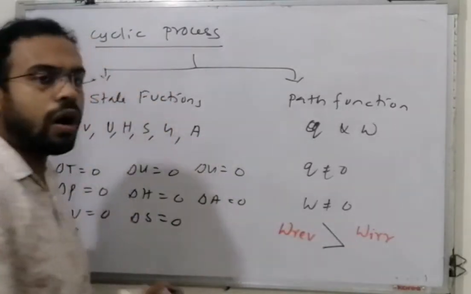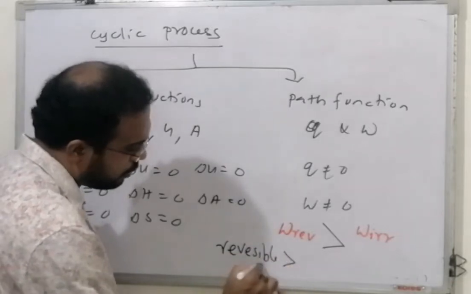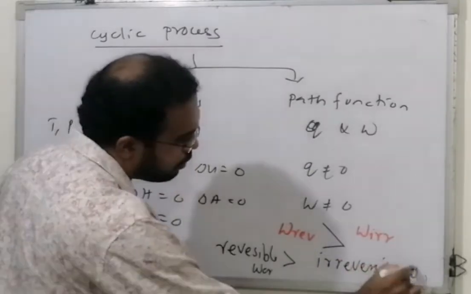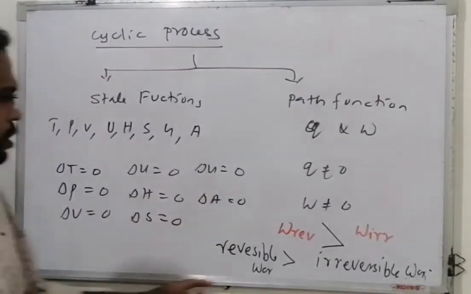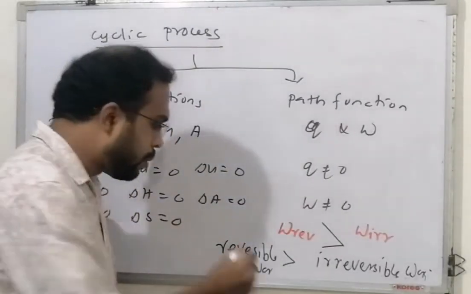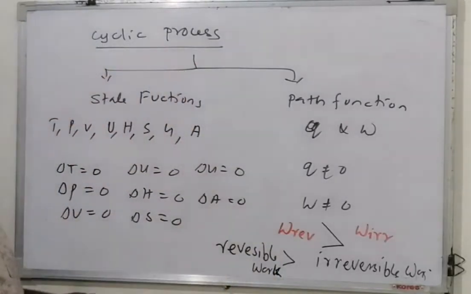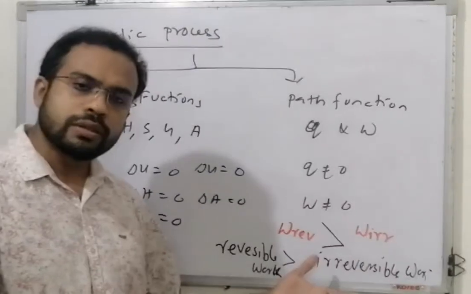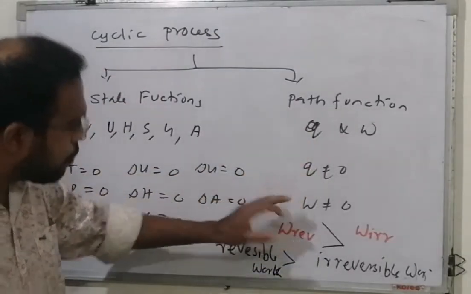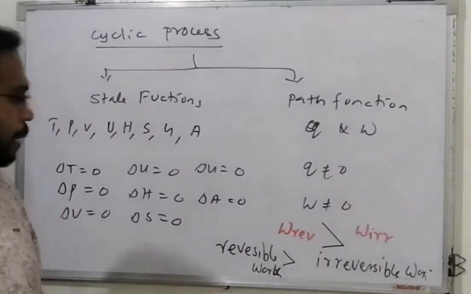Reversible work is always greater than irreversible work. It may be expansion or compression, whatever it is, it is always greater. Both are not equal to 0, but the magnitude is higher for reversible.